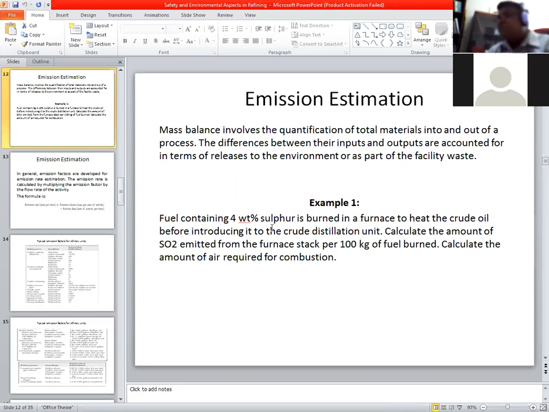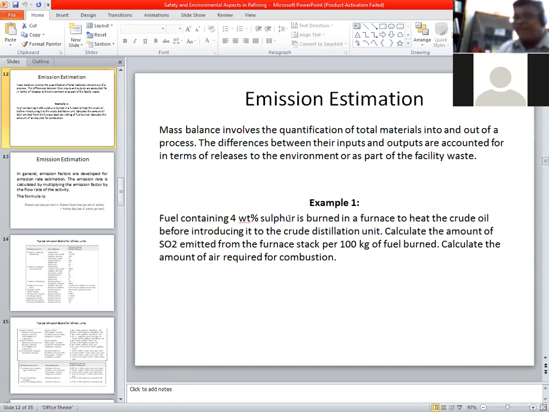But in the ebook there are some errors, and as you know, the authors didn't show the full procedure. Some steps are skipped, so we have to go through this. Calculations are not very hard, but we'll go through them one by one now. First example: fuel containing 4 weight% sulfur is burned in a furnace to heat crude oil before introducing it to the crude oil distillation unit.